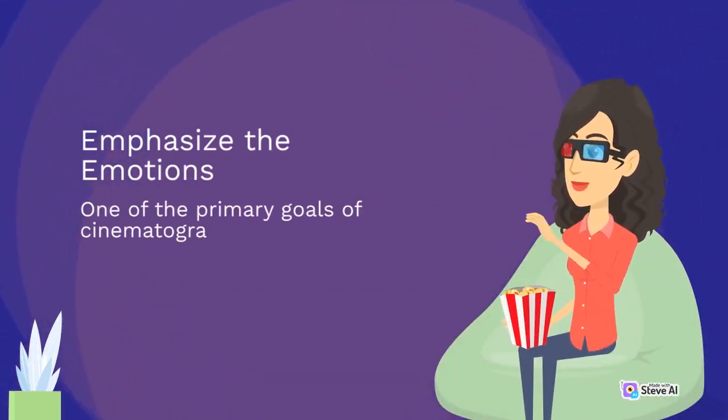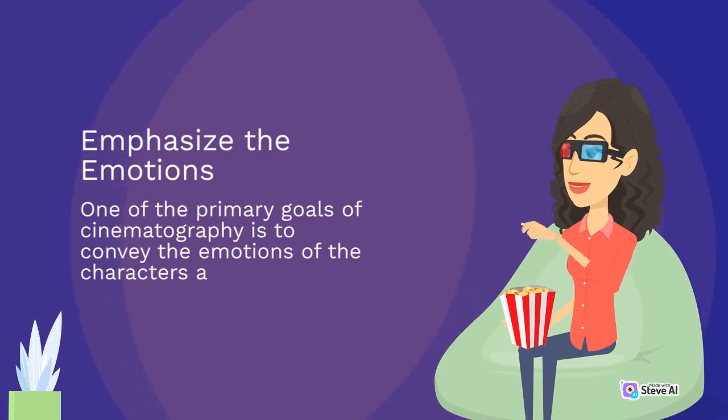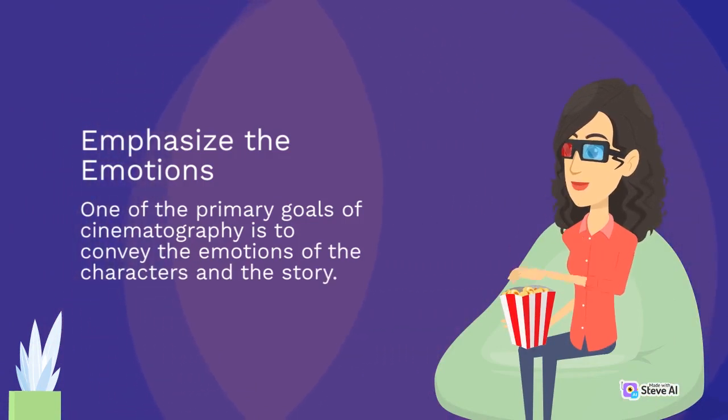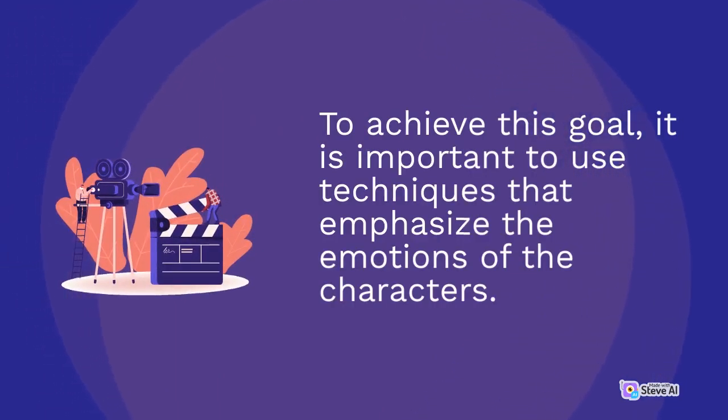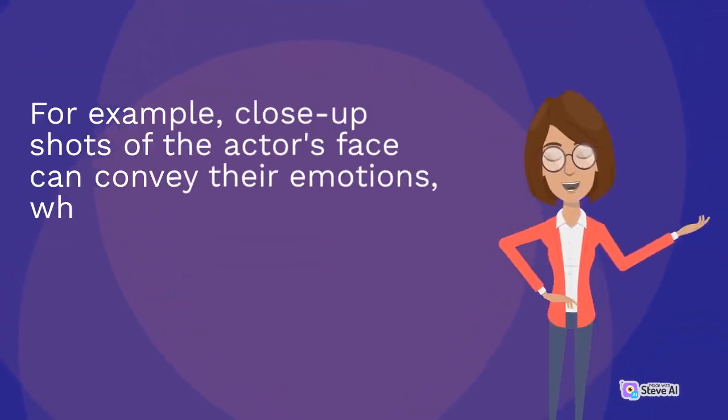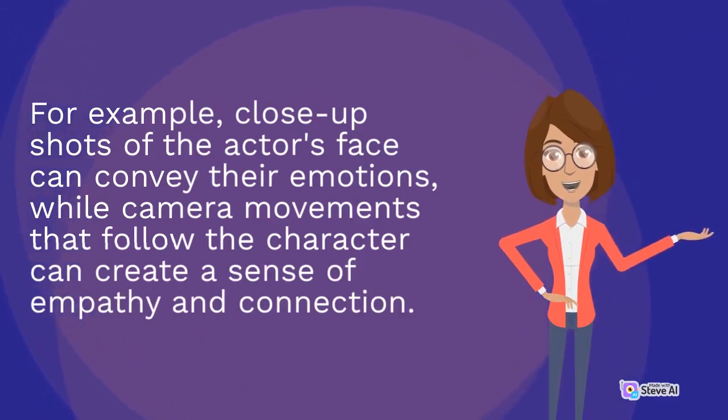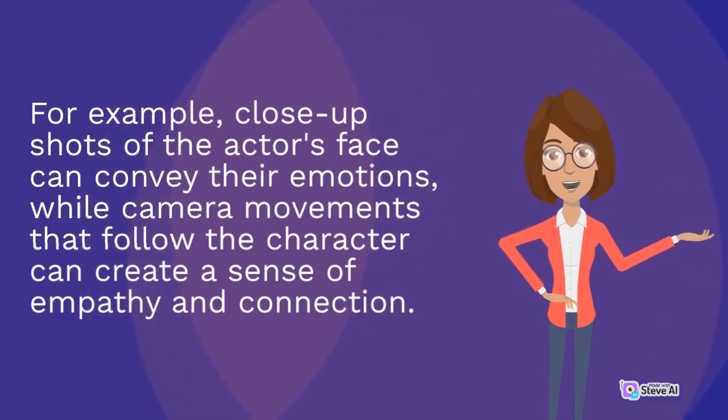One of the primary goals of cinematography is to convey the emotions of the characters in the story. To achieve this goal, it is important to use techniques that emphasize the emotions of the characters. For example, close-up shots of the actor's face can convey their emotions, while camera movements that follow the character can create a sense of empathy and connection.